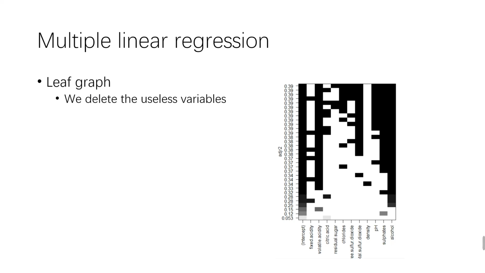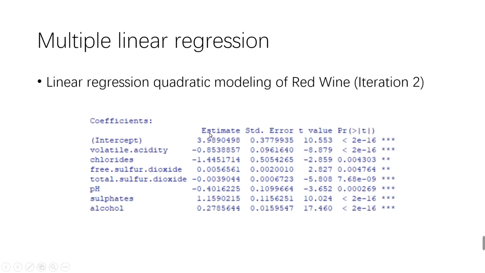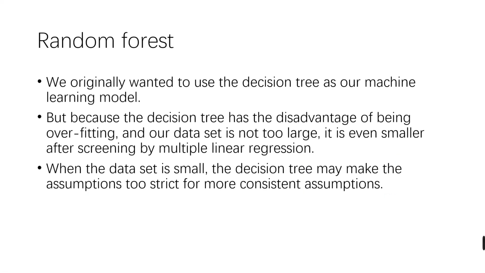And we delete the useless variables, just here, the citric acid, the density, and something else. So now we do the iterations of the linear regression: first, second, and third. And now is the random forest.